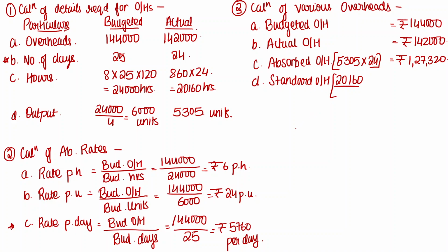If I work for 20,160 hours only, and in that time I work as per the standard, how many units should I have produced? 20,160 divided by 4.